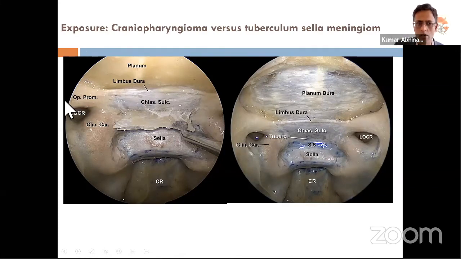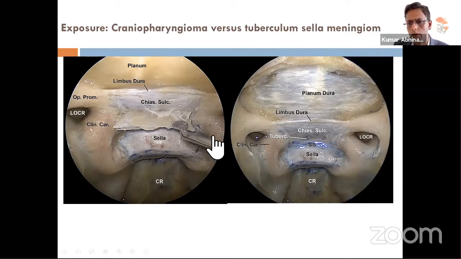We don't necessarily need to open all the planum dura. Whereas for a tuberculum sella meningioma, depending upon the anterior extent of the lesion, you have to tailor that opening in the planum dura. In effect, there's no point opening the dura up here unless the lesion dictates that.